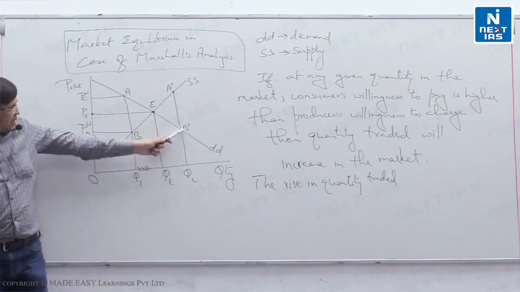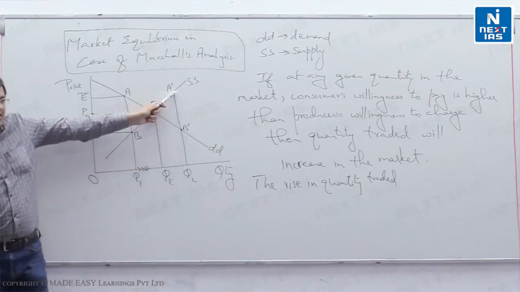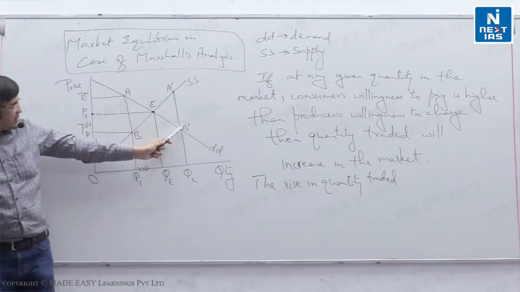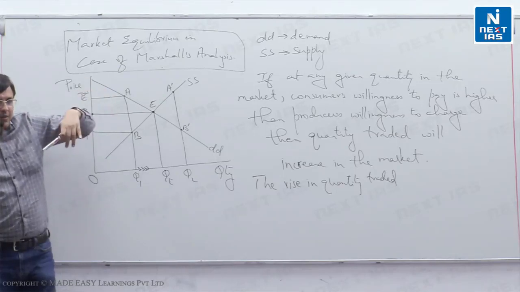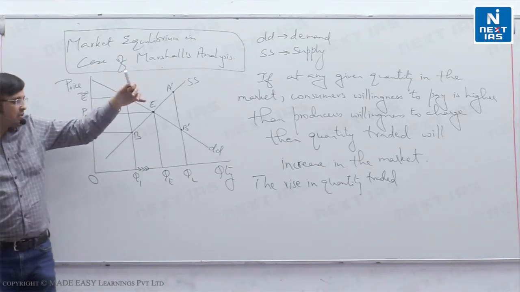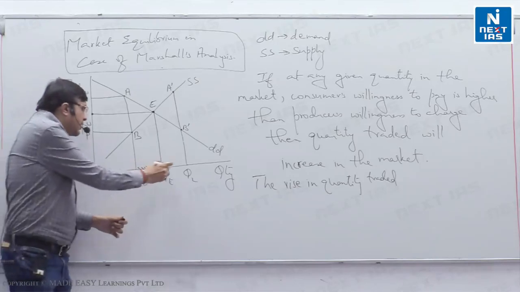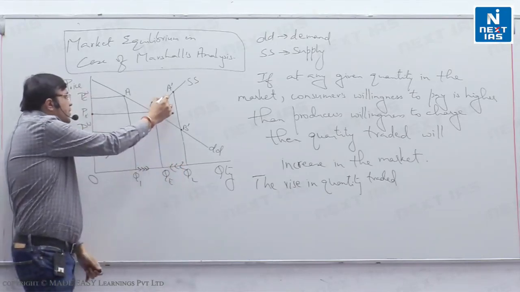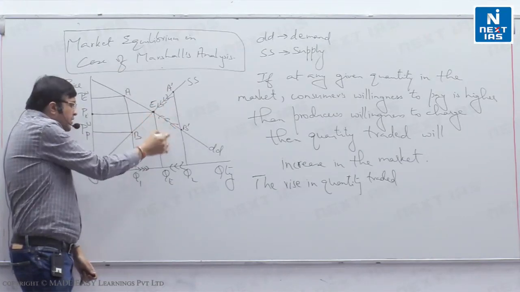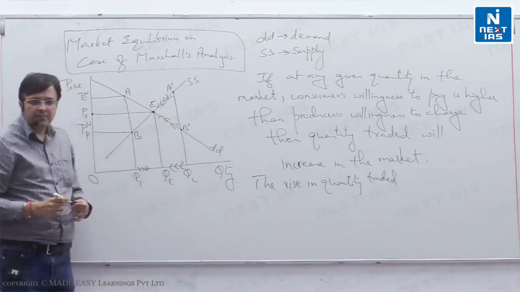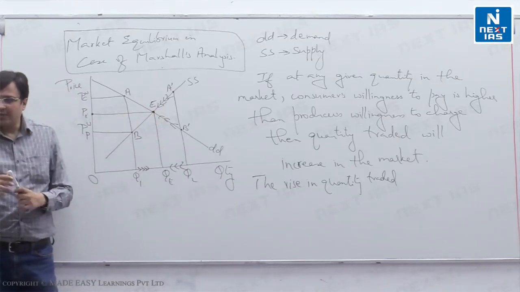So the consumer is willing to pay this much, but the producer is willing to charge this, which implies that now the trade will start falling, because the consumer is willing to pay less than what the producer is willing to charge. In such a case, trade will come down. As trade comes down, the producers will be willing to charge less and the consumers will be willing to pay more, and it will continue till you reach equilibrium. You understand that? I'm just making you write that.